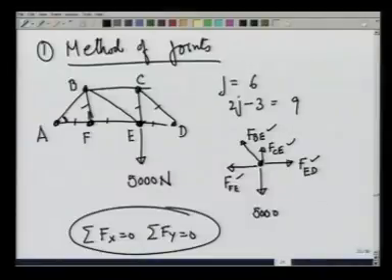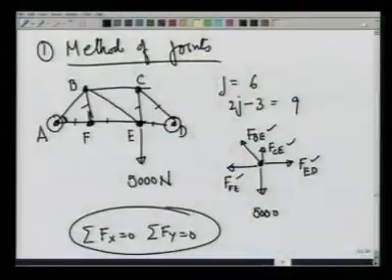For that, what I should do is get to those points where there are two unknowns only, and those points are A and D. So, first thing is to get the forces at A and D and then go to other joints from there onwards. So, let us do that.